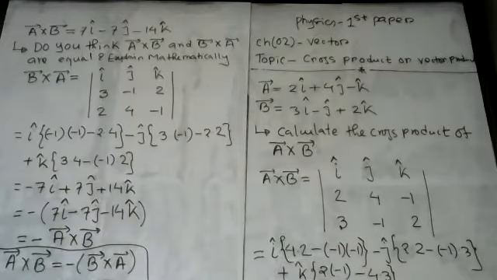So we must say that here A cross B doesn't equal to B cross A. But A cross B will equal to minus B cross A. I repeat, A cross B will equal to minus B cross A. So this is the correct answer.